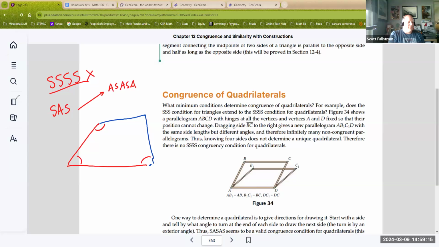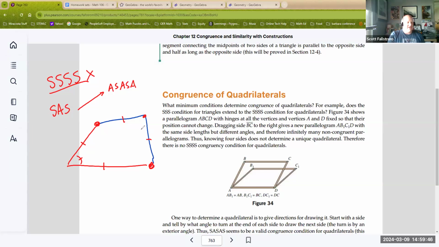Or if you didn't give me that information, think about what else you could tell me. You have to fix things, kind of lock them down. So you could say, well, wait a minute, Scott, what if you know this side, you know this side, and you know that angle? If I tell you the lengths of the other two sides, because those points are fixed, once you know those lengths, you could swivel my compass and see where those intersect.